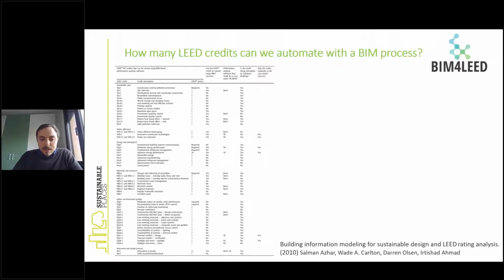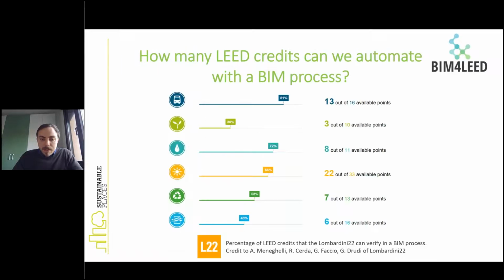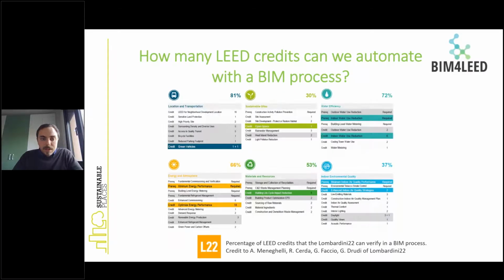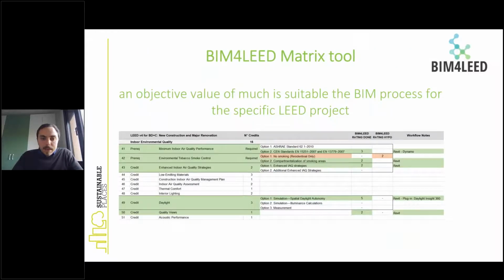For example, this is a table from a research paper, and this other is from a presentation of Lombardini22 from Italy, and they found that there is a percentage of LEED credits that is possible to reach in a BIM process. And in OpenProject, we start with this information. So how many LEED credits can we automate in a BIM process?